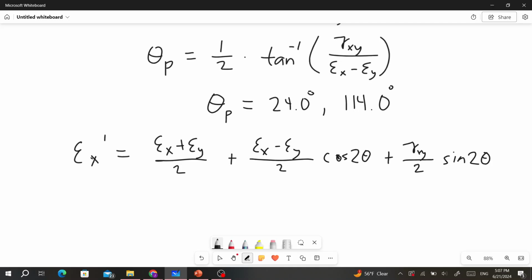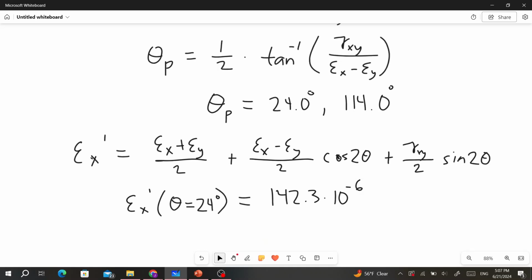To know which of the principal strains is at 24 degrees, we plug 24 degrees into theta in this equation for epsilon x prime. So epsilon x prime as a function of theta, at theta equals 24 degrees, we're going to get a strain of 142.3 microstrain.